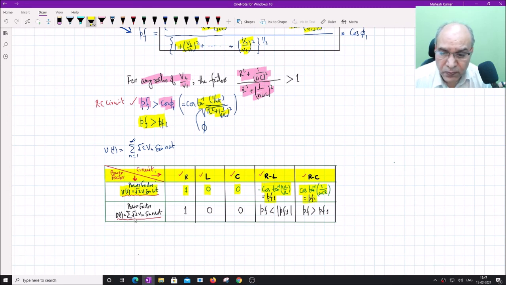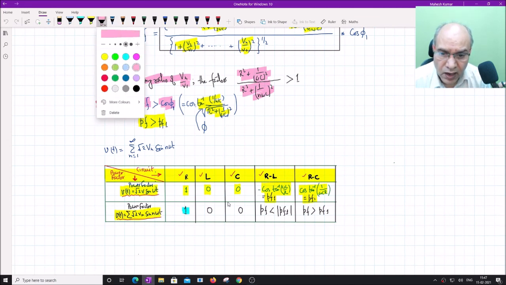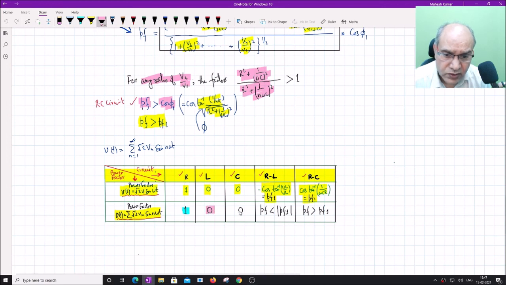In case we have voltage with all harmonics, obviously the current will also have harmonics, but the power factor for the resistive circuit remains unity. Also for purely inductive and purely capacitive circuit, the power factor remains 0 and 0, and for RL circuit the power factor is less than power factor 1.